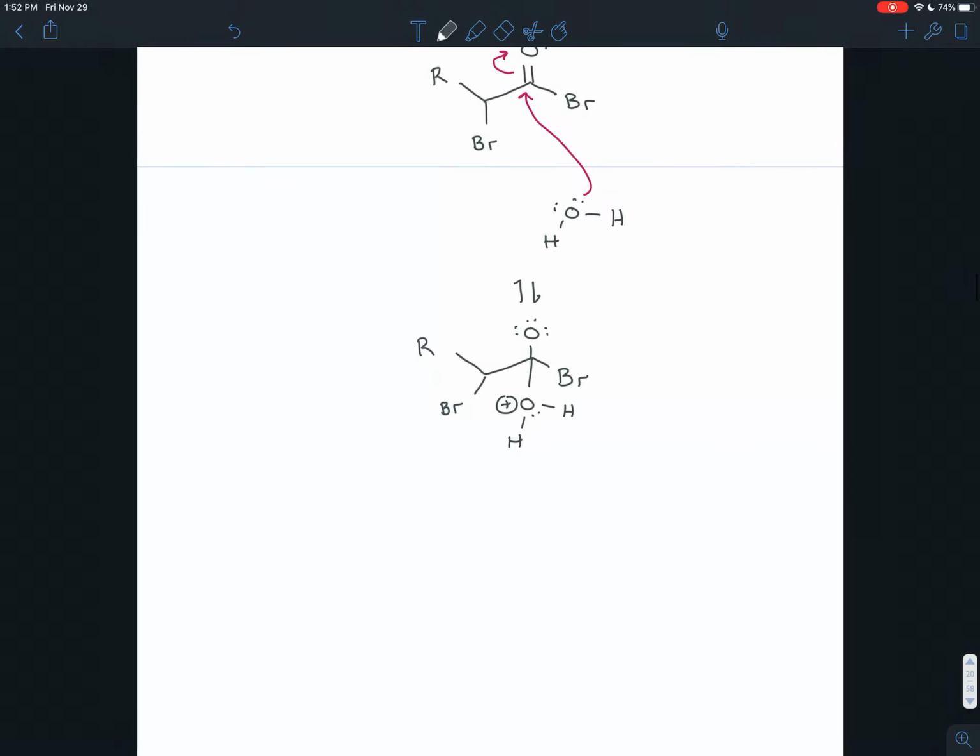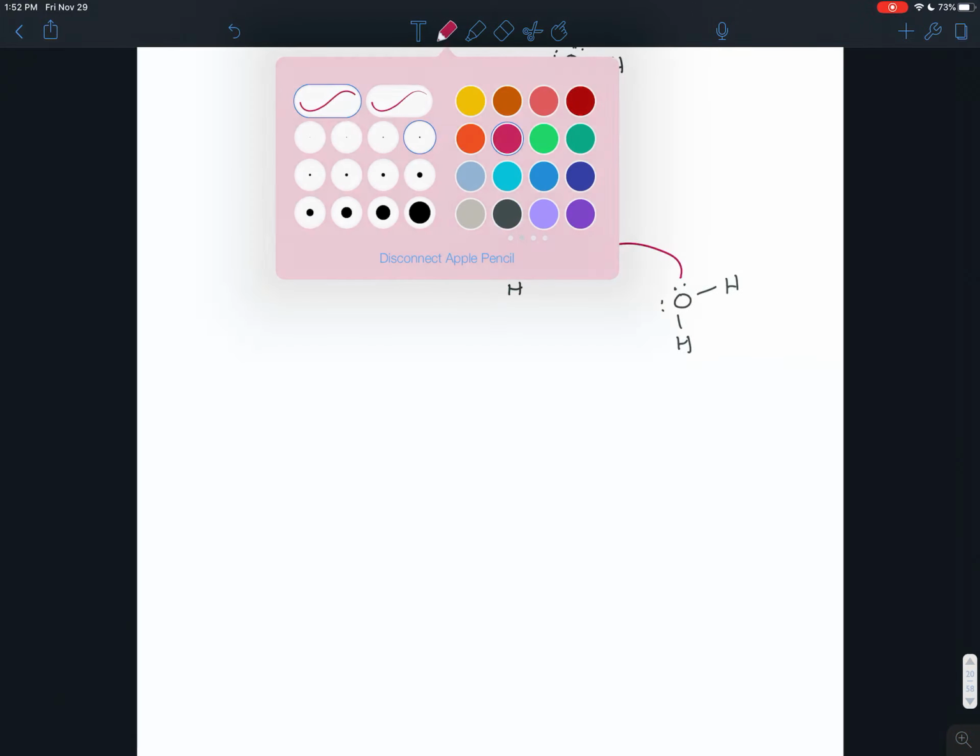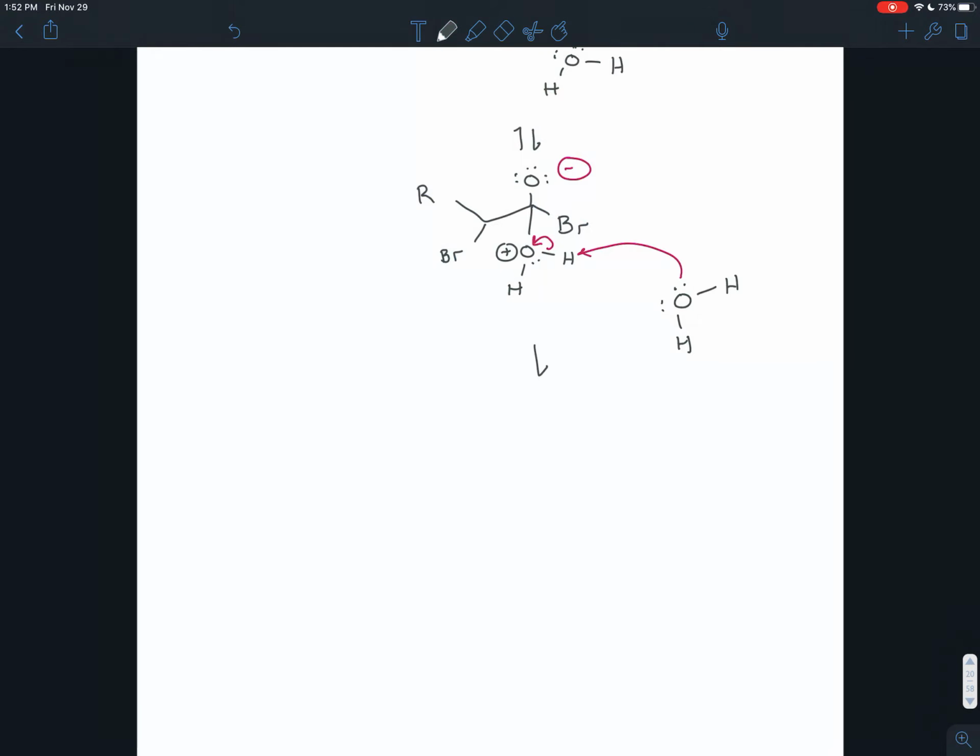You would stabilize that nucleophile. So another water molecule can just do a quick proton transfer so that it isn't a good leaving group anymore. And this oxygen has a full negative charge.